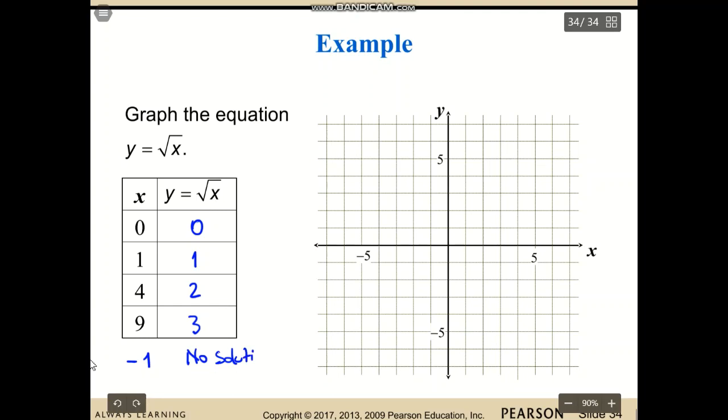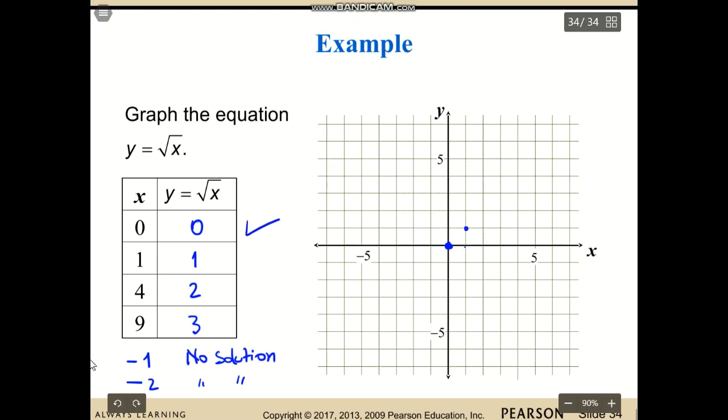No solution on the set of real numbers. No real solution. Negative 2, no real solution. So here on the negative side of the x-axis we will have no representation, no graphic at all. This graphic starts here because you cannot have a square root of negative numbers. So you start your graphic here on the origin, 0 and 0.